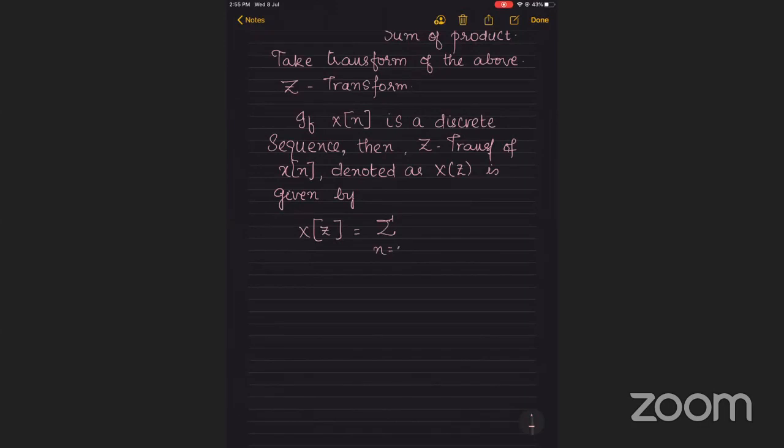Okay, let me put it as 0 to infinity x of n z power minus n.